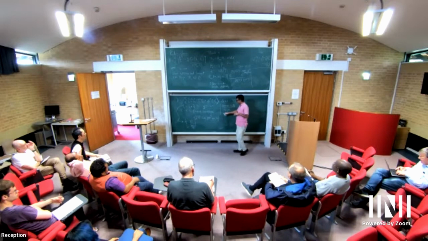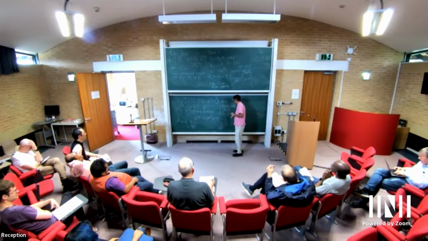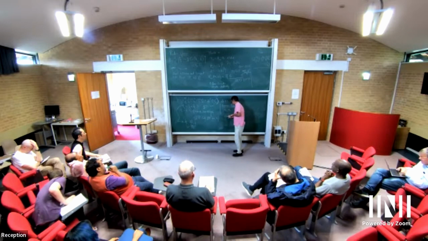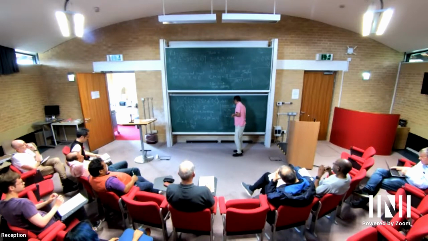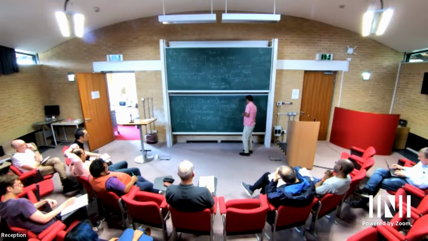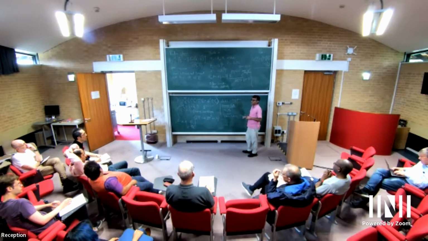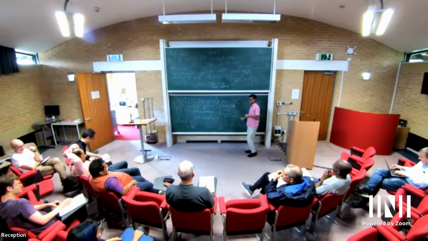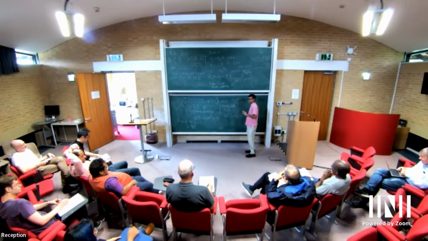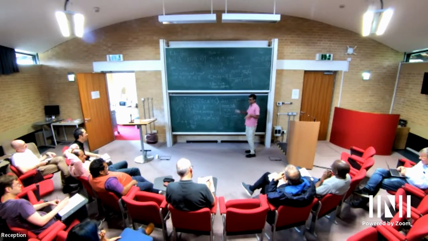Okay, so I should say that what I am saying is actually discussed in the textbook. Chapter 8 is on hydrodynamics. Chapter 8.2 is on rotors and chapter 8.3 is on spin chains.